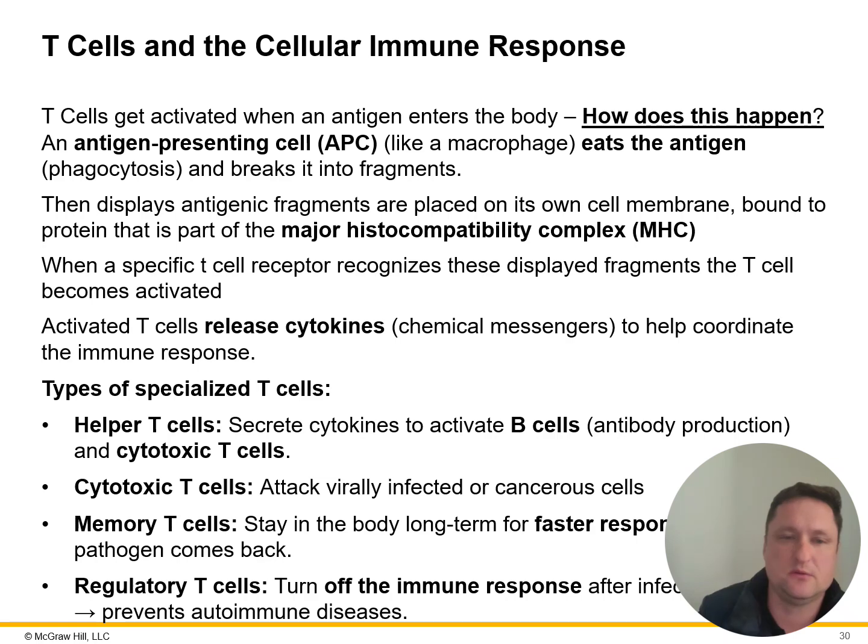Then we have regulatory T cells, and they're the brakes. After the threat is cleared, they dial down the response to prevent bystander damage and reduce the risk of autoimmunity. Without these, we very likely would attack ourselves, which is not great.